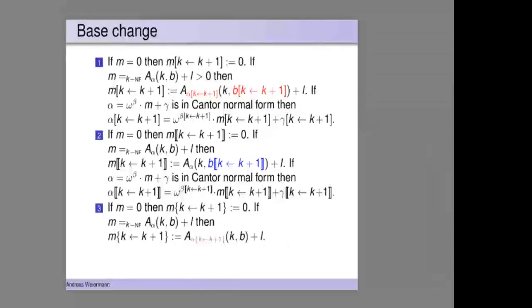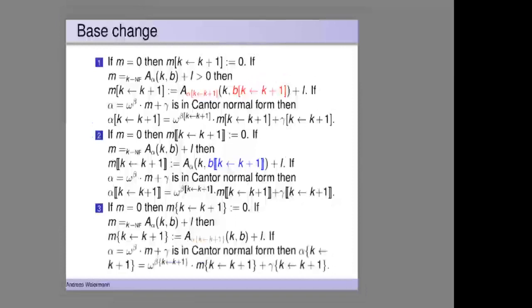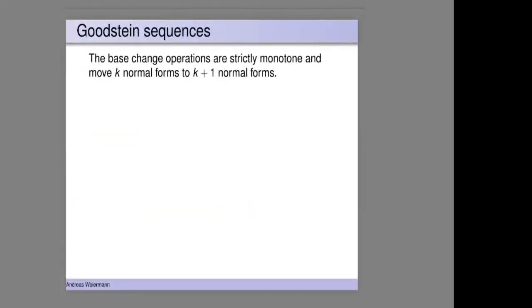And in the third case, I do only the base change in alpha, but not in b. But it's important that I do base changes in the parameter of the Ackermann function too. That's k. The k should be k plus 1. Anyway, these base changes are strictly monotone and move k normal forms to k plus 1 normal forms. This property is difficult to prove, but I will not go into details.